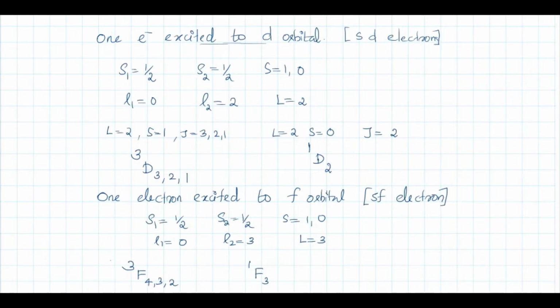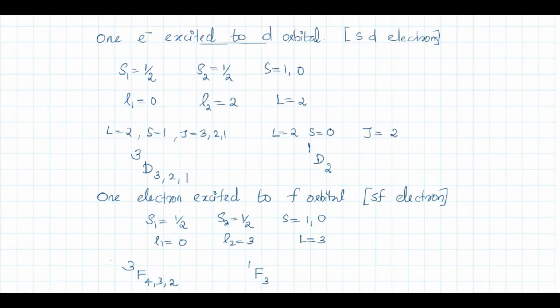Now you can consider the case with one electron excited to d orbital, that is one electron in the s, one electron in the d. It is known as sd electrons. So S1 equal to half, S2 equal to half, capital S can be 1 or 0. L1 is 0, L2 is 2, capital L can have only one value, 2.